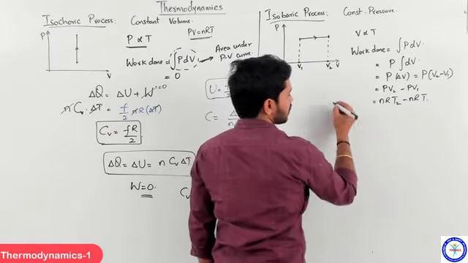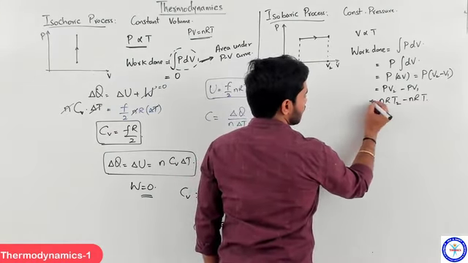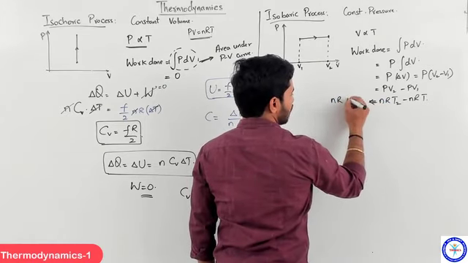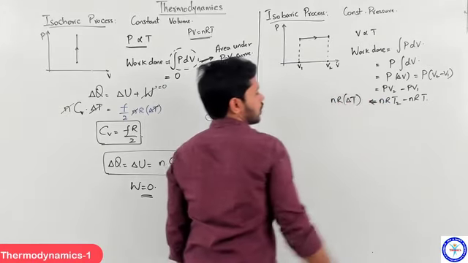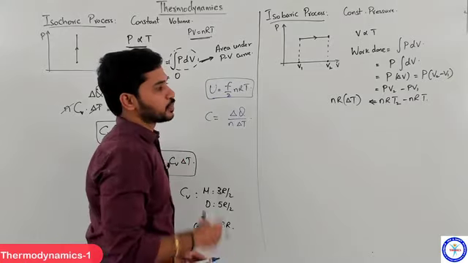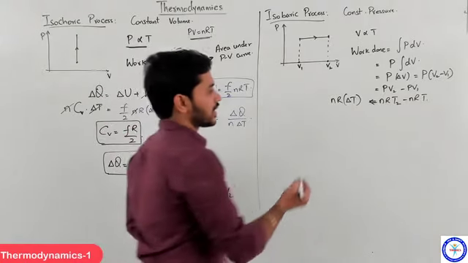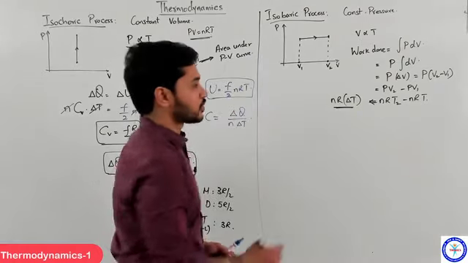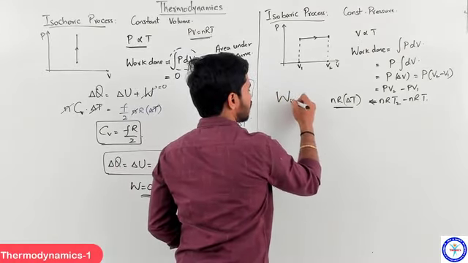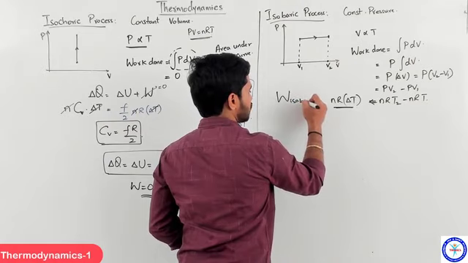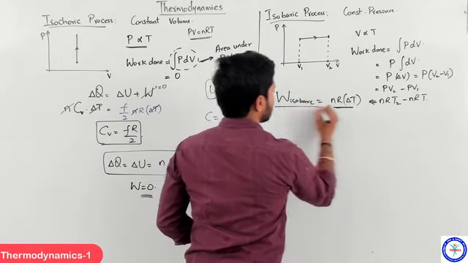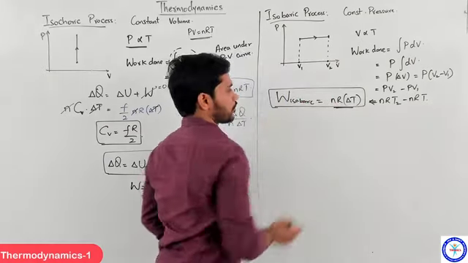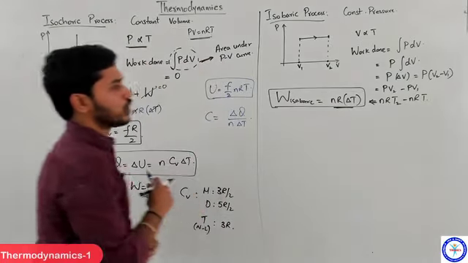So this expression can finally be written as nR delta T. Clear, students? So P delta V is the same as nR delta T. That would be the expression for work done in an isobaric process. nR delta T, a very important expression. Clear, students?